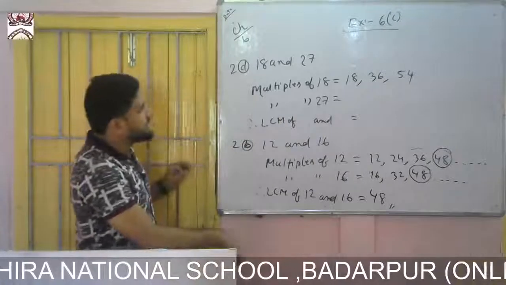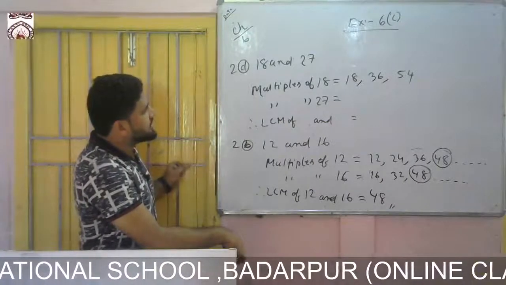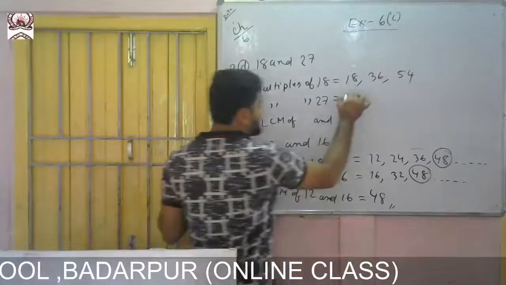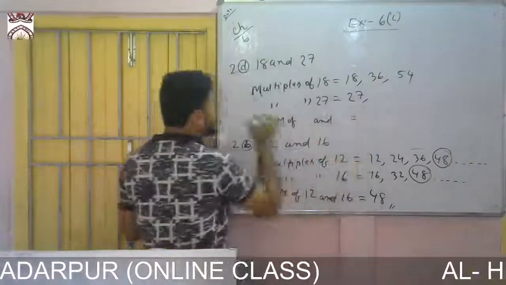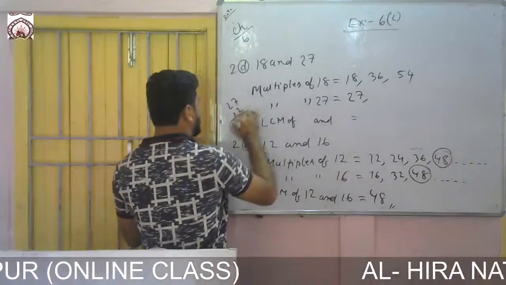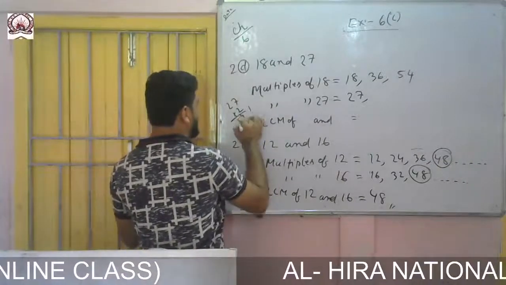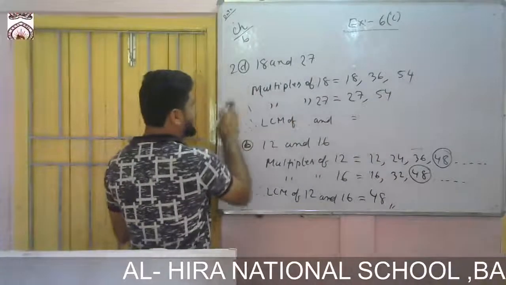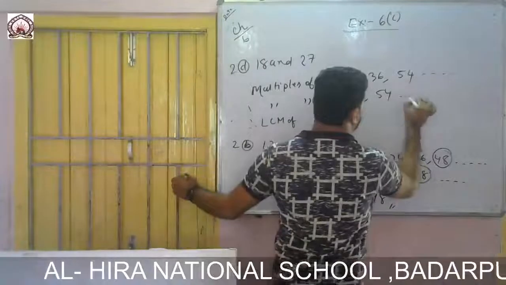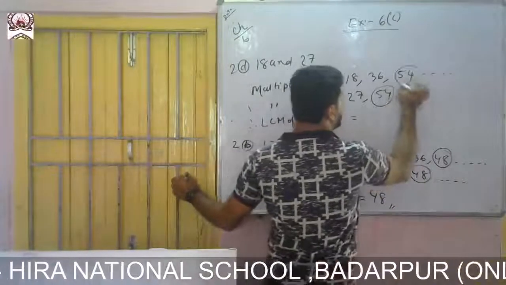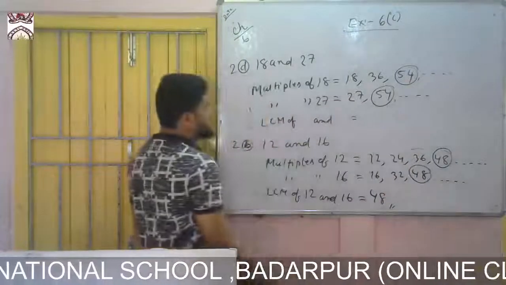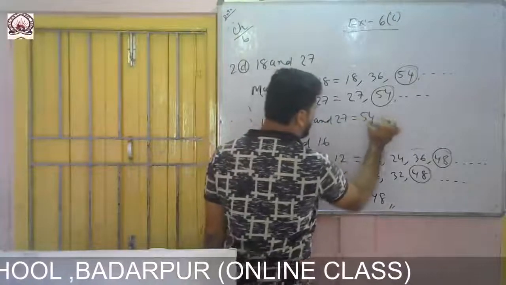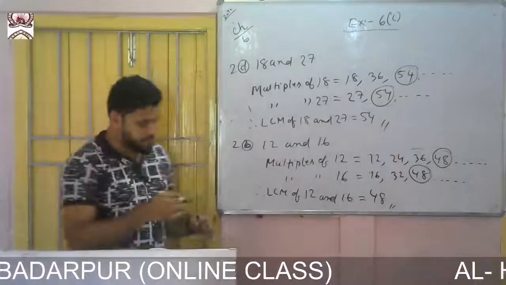Now 27 1 are 27, 27 2 are 54. We got 54. So no need of going further. So 54 and 54. Okay. So LCM of 18 and 27 will be 54. That is the answer. 2d.